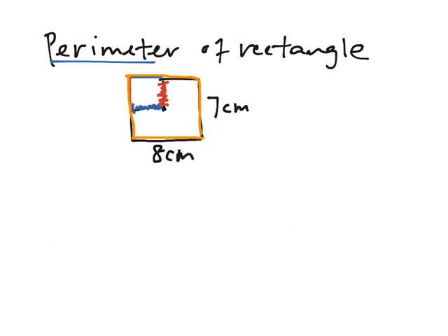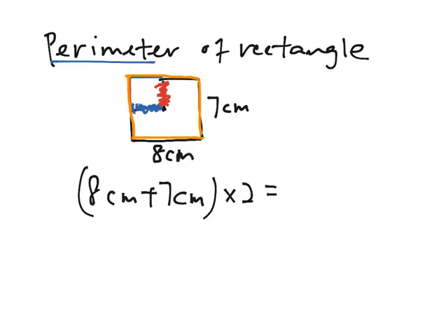I just merely pushed this length upward and then this length outward to form this rectangle. Now, the perimeter of this shape will then be 8 cm plus 7 cm. As explained earlier on, it's duplicated, so I multiply by 2. So the answer would be 15 times 2, which is 30 cm. That's the answer.